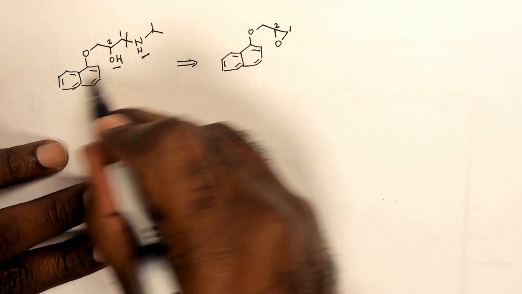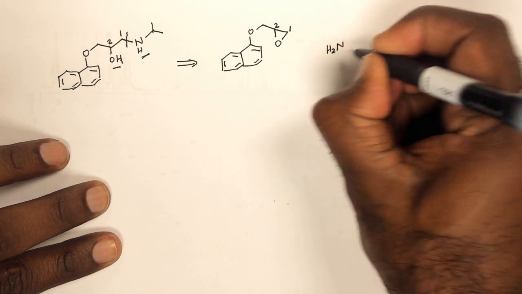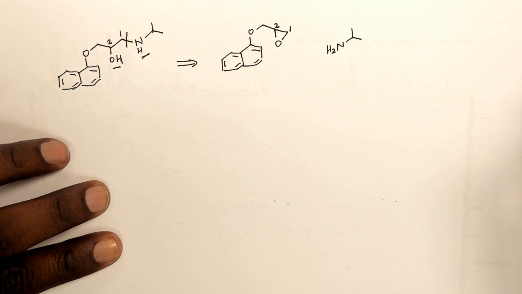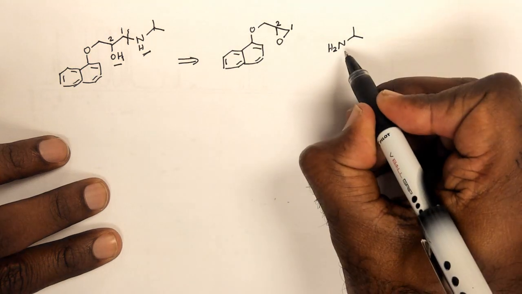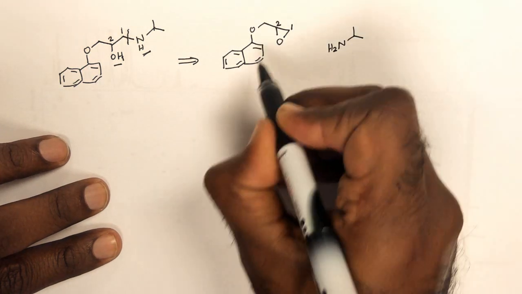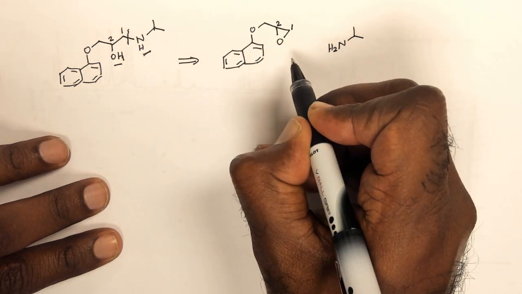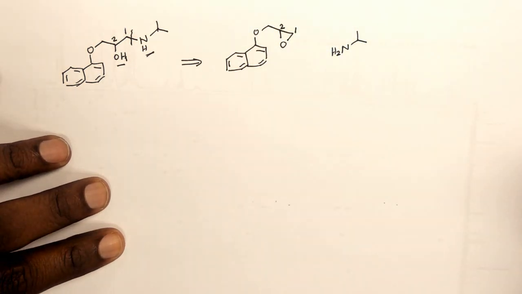So I've kept all the carbon atoms intact, and there's my nucleophile. So I have now disconnected the more reactive nitrogen nucleophile. I've also disconnected to an epoxide, which is very useful because these epoxides are generally available commercially.